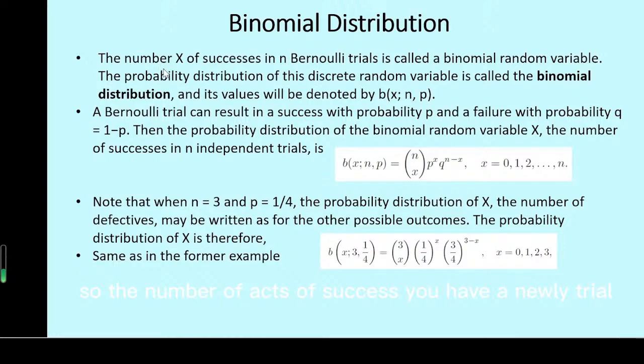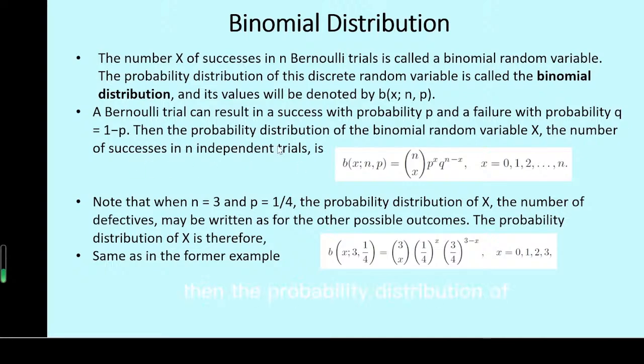So the number x of successes in a binary trial is called a binomial random variable. And the probability distribution of this discrete random variable is called the binomial distribution. Its values will be denoted by b(x; n, p). The binary trial can result in a success with probability p and a failure with probability q, where q equals 1 minus p.